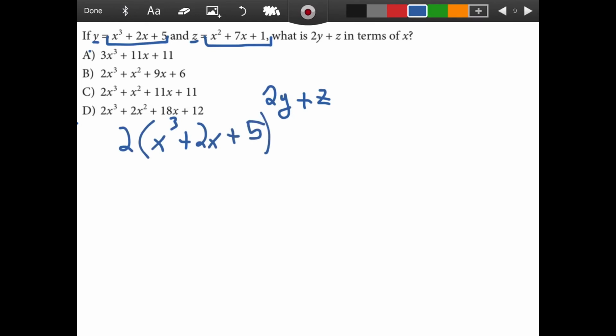There are no negatives here, but if there were a negative and we were going to be flipping any signs, just be careful about making sure we're distributing carefully. So plus z, which is x squared plus 7x plus 1. I can put that all in parentheses if I want.